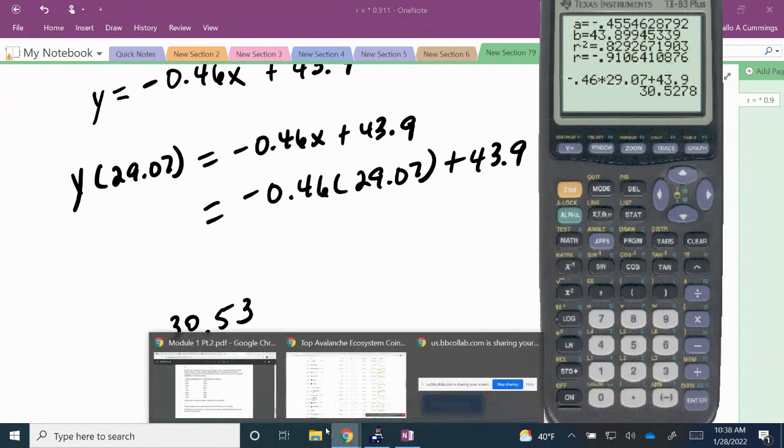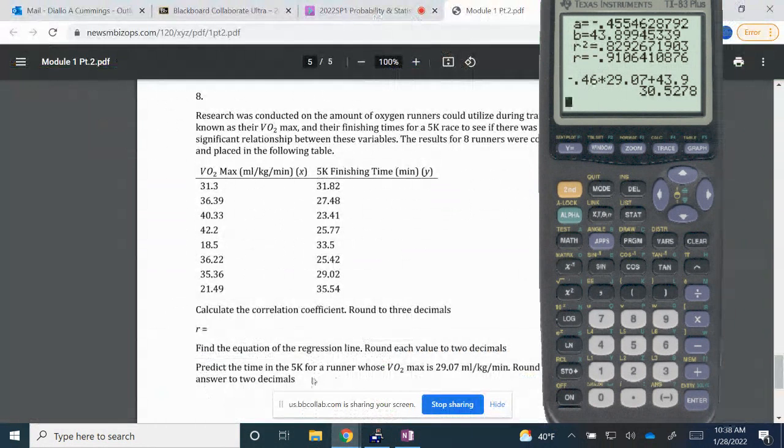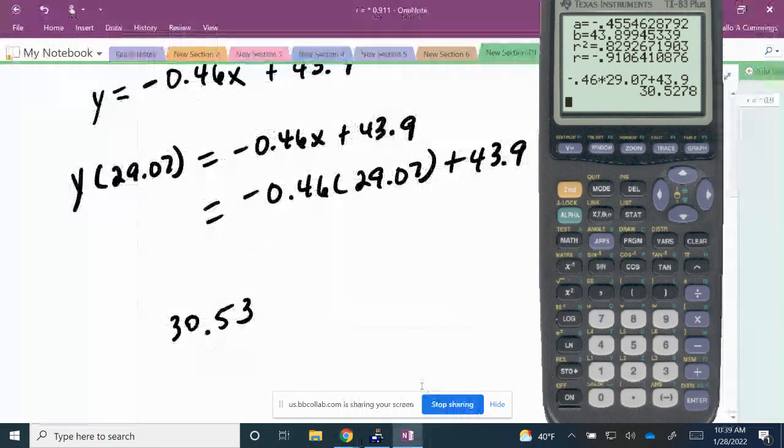All right, so if we go back, we know that the finish time for a runner that has a maximum oxygen amount of 29.07 would finish in a time of 30.53.